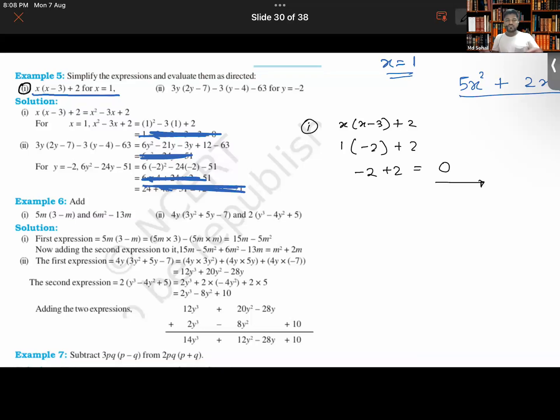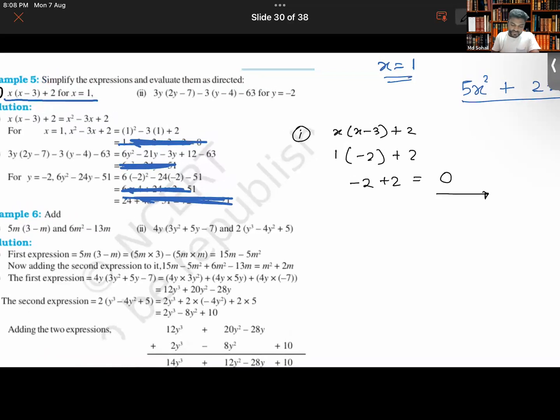The second one is also easy, right? Simply put the value of y. Quickly do this one also. Let me zoom it out.